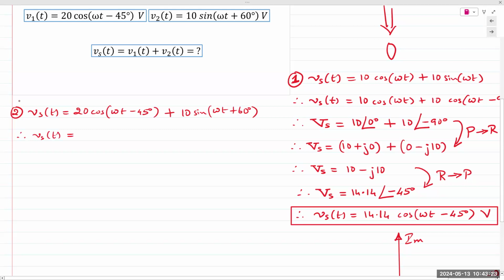One is sine, so if you want to take the cosine, you have to convert it. Sine x is cos of x minus 90.